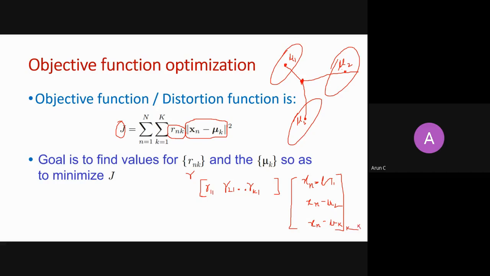K by 1 because I have k prototypes, and the dimension is 1 by k because it is the transpose of that R vector, right? If you take a dot product, you will get this summation here, and you are doing it for every n, so hence you are adding it.